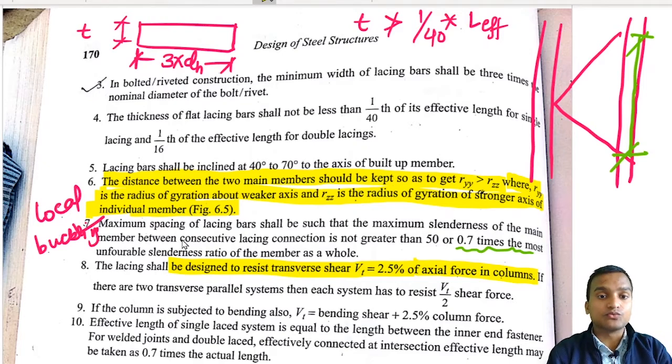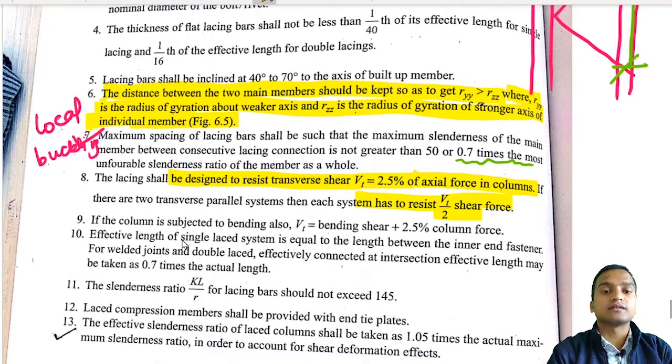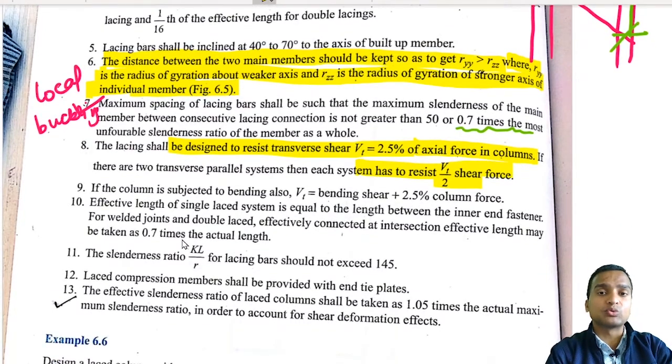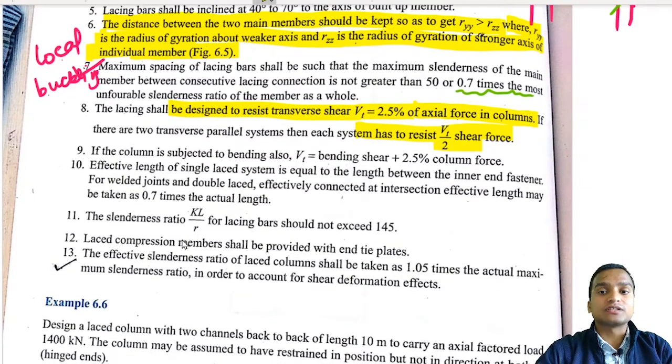If we have used two transverse parallel systems, then each system has to resist Vt by 2 shear force. If there is bending, we have to include the bending shear also, but it will not be there in our case. Also important, the effective length of a single lacing system is equal to the length between the inner end fasteners. It is very easy, from the joints we can see and understand this.